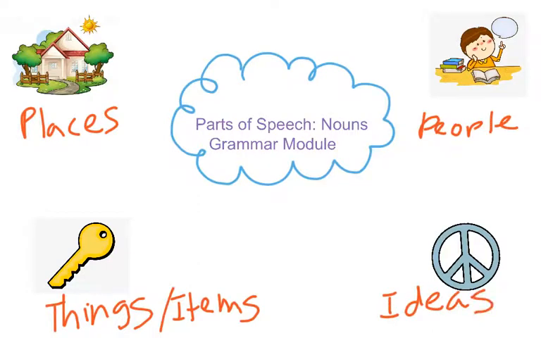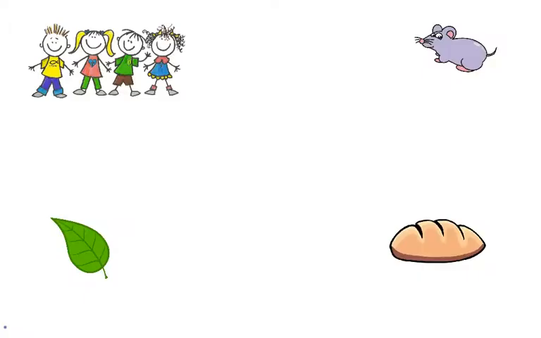Abstract ideas that aren't usually tangible, such as the idea of peace. We'll be discussing more in depth about abstract ideas in another video, and other types of nouns, such as countable and non-countable. Now, let's move on to some more complicated ideas regarding nouns.